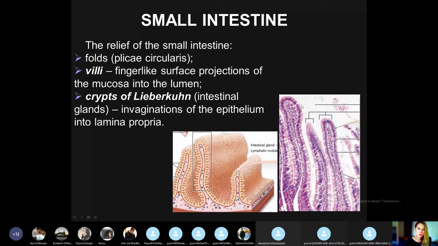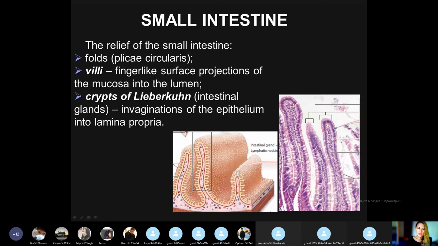Also, zooming in over here, we can see the villi, which are projections of the lamina propria into the lumen covered by epithelium, and crypts. Crypts are invaginations of the epithelium into the lamina propria.